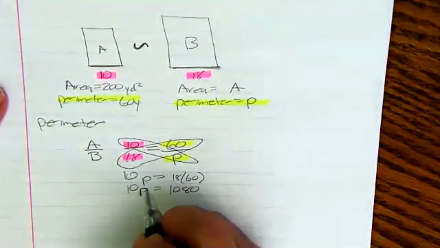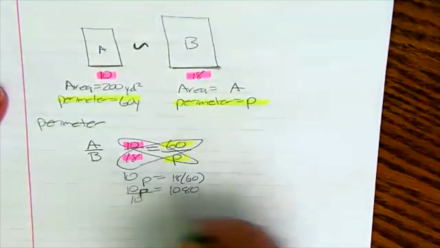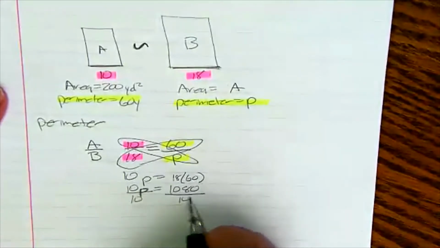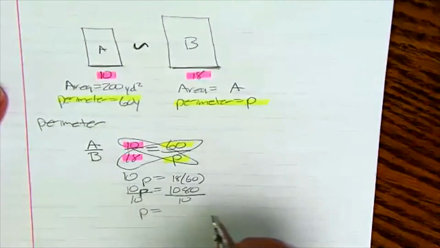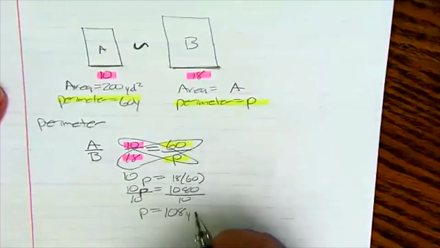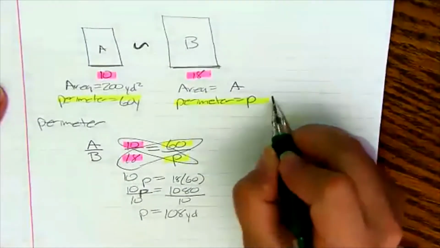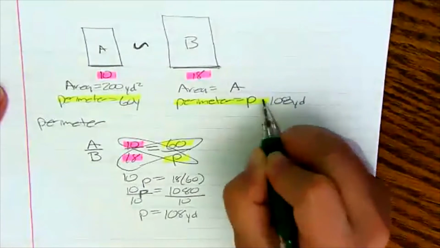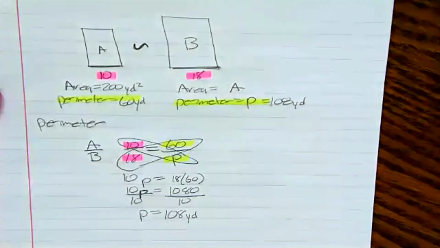I want to find the perimeter, so I'm going to isolate p, divide by 10. What I do to one side, I must do to the other. And the perimeter is 108 yards.